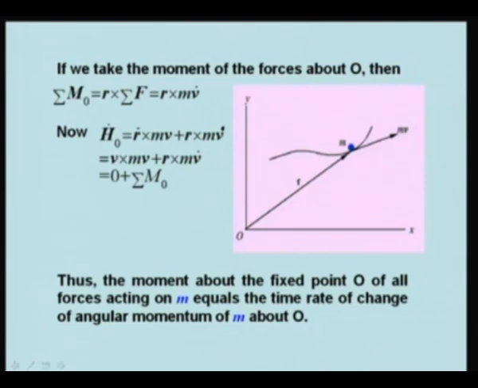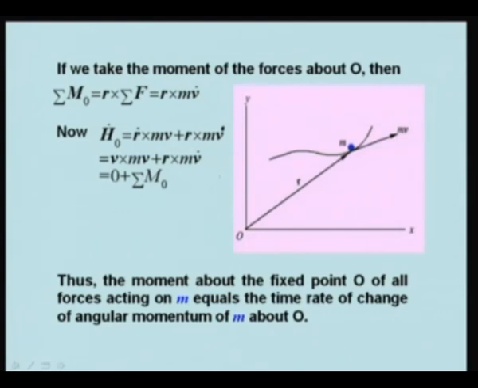M is a scalar, it can anyway be taken outside. So, this term has become 0. Therefore, you have got R cross m v dot, which is nothing but sigma M0 as shown here. Therefore, H dot 0 is equal to sigma M0.